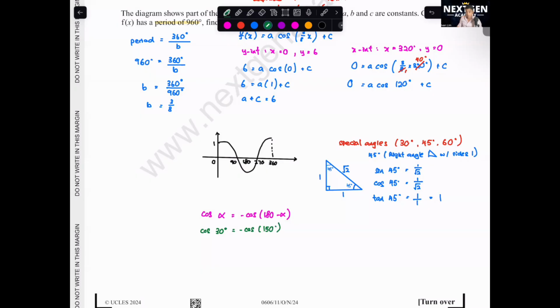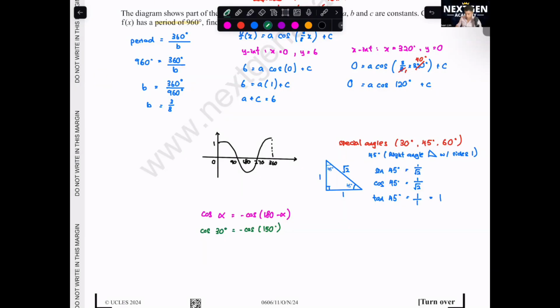Why is it like that? It's a property, and the understanding is from the base angle, when we learn our ASTC. You type in the calculator cos 30. Do you see you get root 3 over 2 on your calculator? Now type cos 150. What does your calculator show you? Negative root 3 over 2, right? Everyone understand?